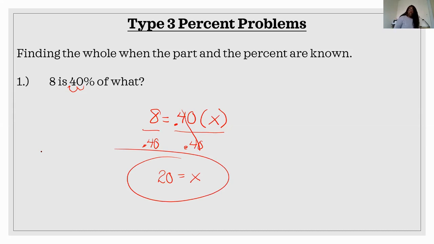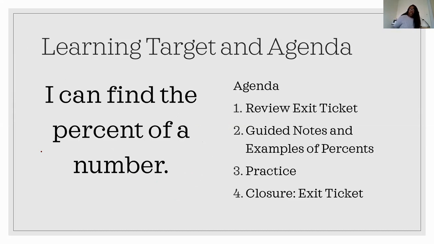All right, so we did quite a bit today. Can you find the percent of a number? Remember, percentages mean out of 100, per 100. So you can set it up as a fraction, the number over 100, then reduce.